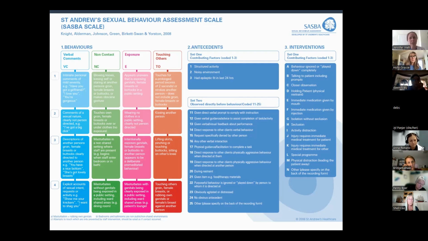But you have them divided up into verbal comments, non-contact exposure, and then actually touching others, which I think is very important. And then understanding what happened next: what was the response and how did that help? Those can be the next pieces to help us understand. So it's really intuitive from that perspective, following that ABC approach. But what's really good about this in particular is that it gives you categories, it gives you lots of words to describe what you're seeing and what happened.